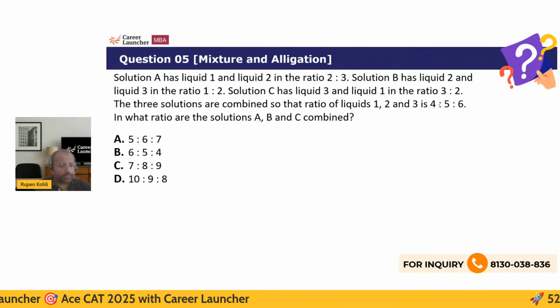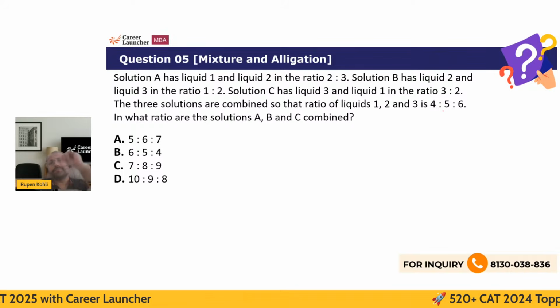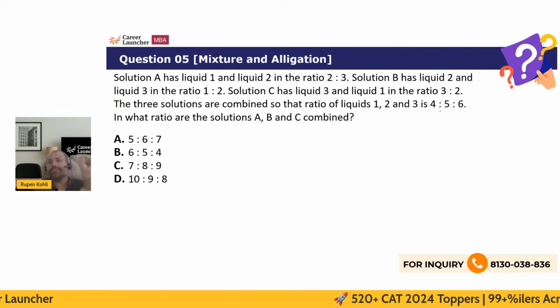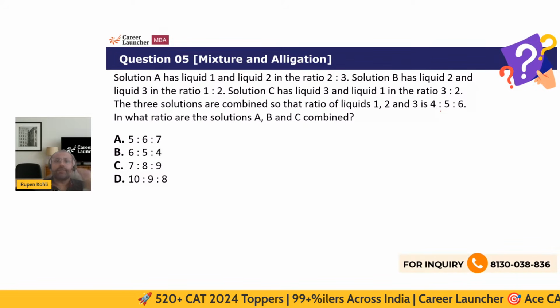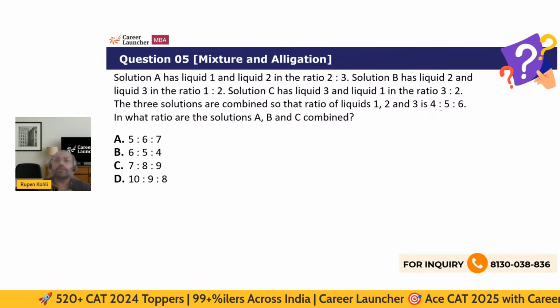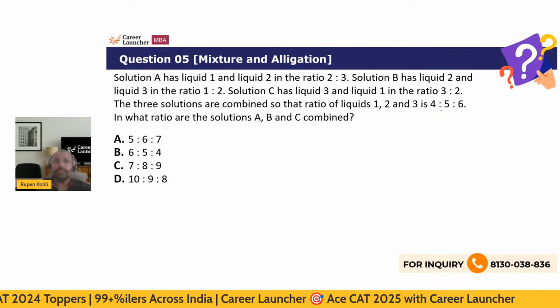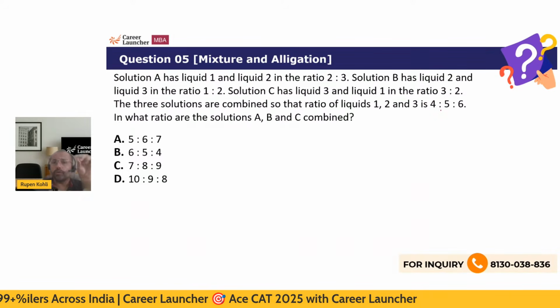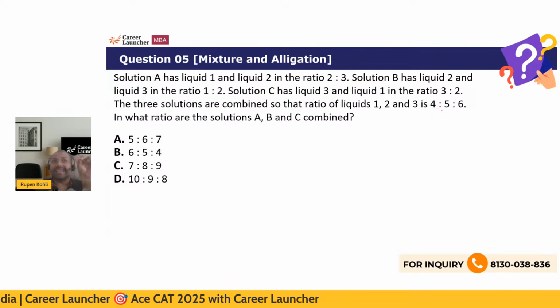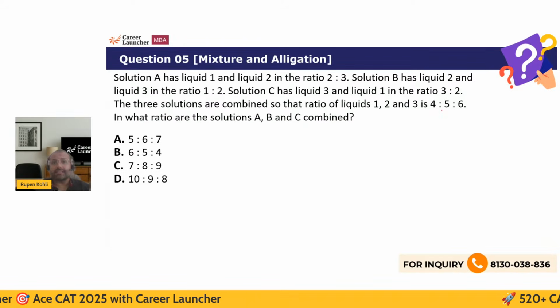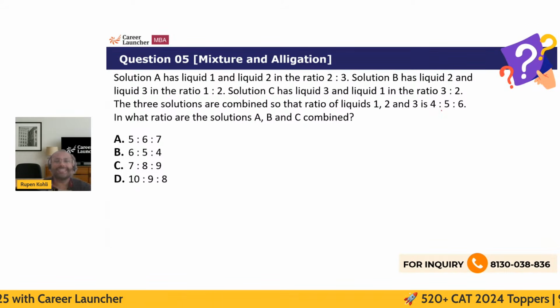Now the point is, my dear friends, we know that there is something called the alligation rule, and it is applied whenever it's the backward question of in what ratio the solutions were mixed. But I hope you are also aware that the alligation rule is only applicable when we are mixing two things.